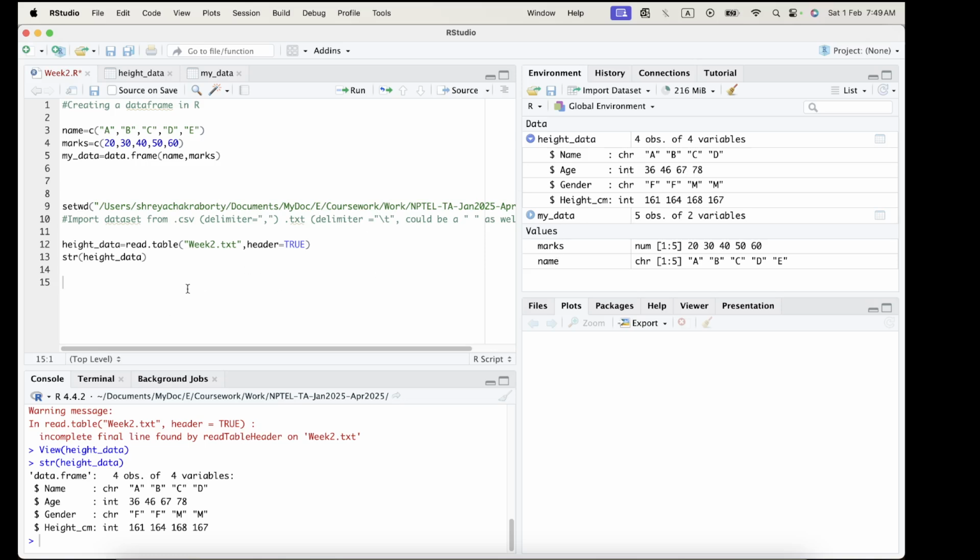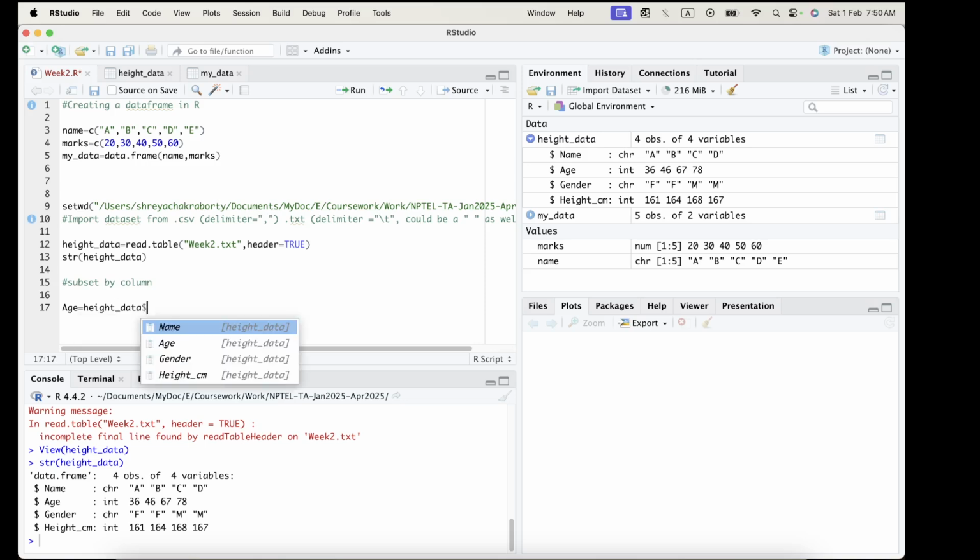So in order to subset by column, I can write age equal to height data $ sign, and once I press the dollar, this prompt is going to come, so I can select or type out whichever column it is that I want to access.